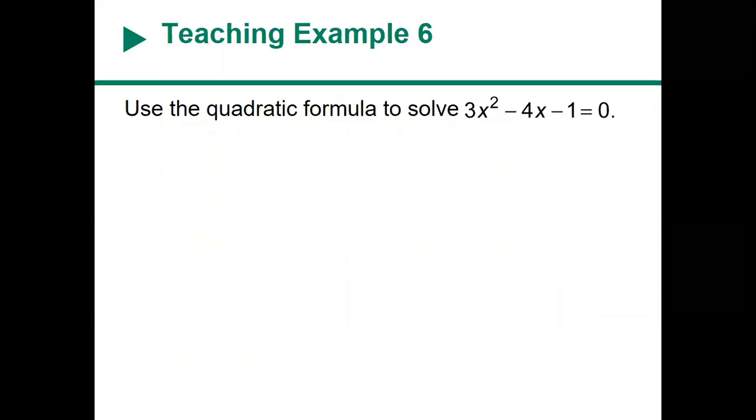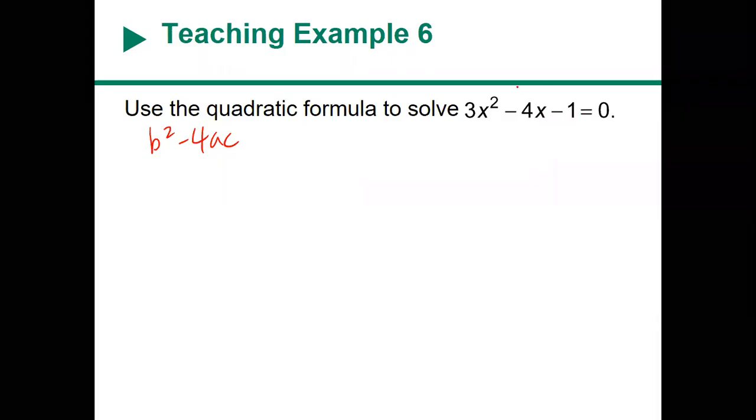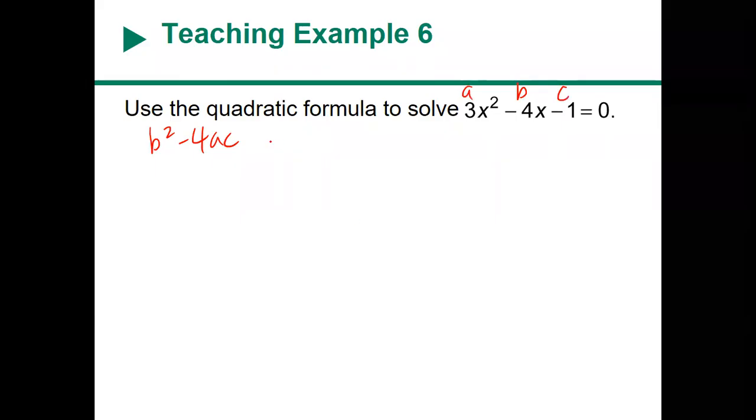So let's do a little discriminant practice, and then we'll go through and do the full quadratic formula. If I was to do the discriminant, which is the b squared minus 4ac part of the quadratic formula, here's my b, here's my a, here's my c.